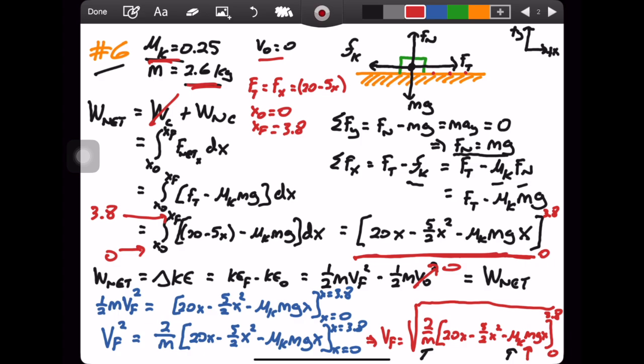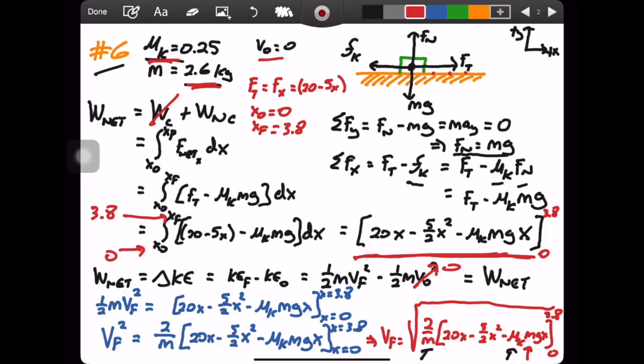So key to this problem, start with a free body diagram. Figure out all the forces that are acting on the object of interest. Treat that object as a point mass where all the forces are acting on that point mass. Have a coordinate system and have an equation for both the horizontal direction and the vertical direction. I used that to get two equations.